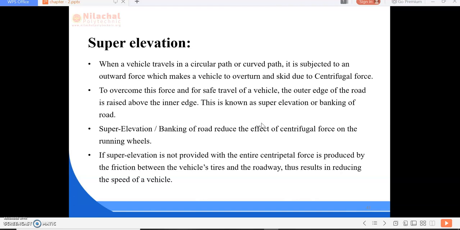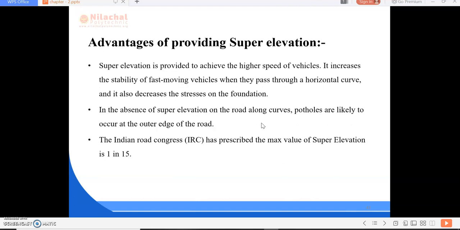This is known as super elevation or banking of the road. Super elevation reduces the effect of centrifugal force on the running wheel. If super elevation is not provided, the entire centripetal force is produced by the friction between the vehicle's tires and the roadway, thus reducing the speed of the vehicle. That is our super elevation.